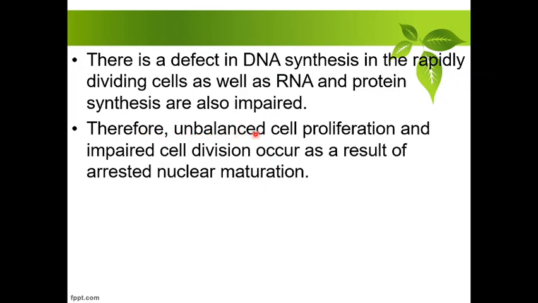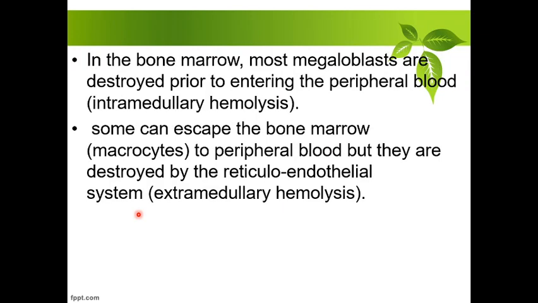Therefore, unbalanced cell proliferation and impaired cell division take place, and this results in arrested nuclear maturation. The nucleus of the cell is not able to mature. Okay? In the bone marrow, most megaloblasts are destroyed before entering the peripheral blood, and this is known as intramedullary hemolysis.